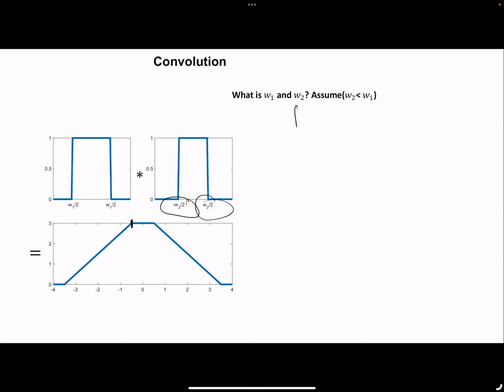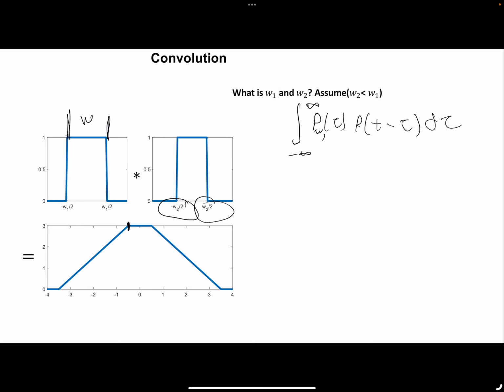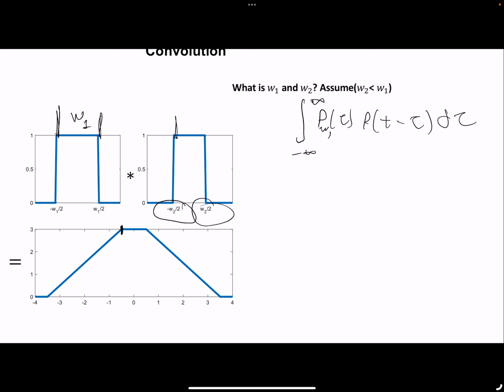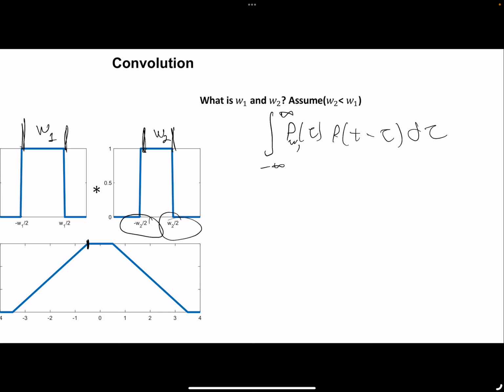So remember that the convolution would be the integral from negative infinity of the first function of tau, with W1, times the second function of t minus tau, d tau. Now, this thing is non-zero for a width of W1, and this thing is non-zero for a width of W2. So what's the maximum range over which this integral can be non-zero?